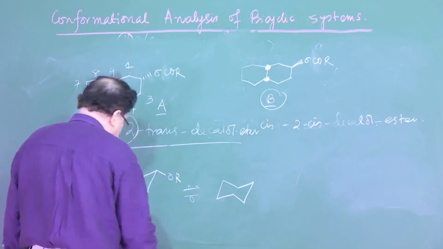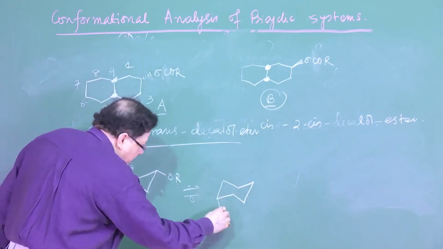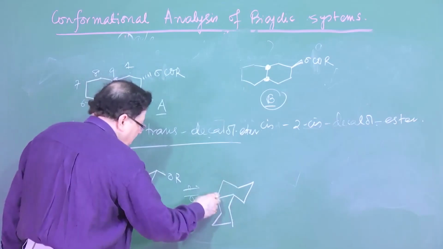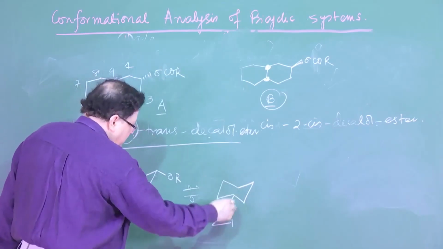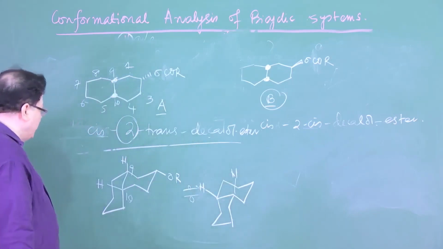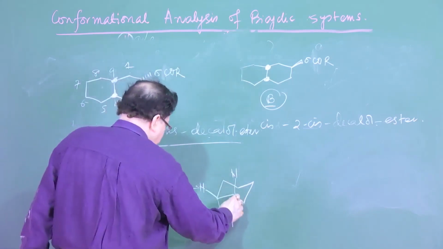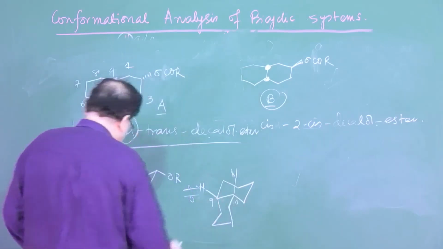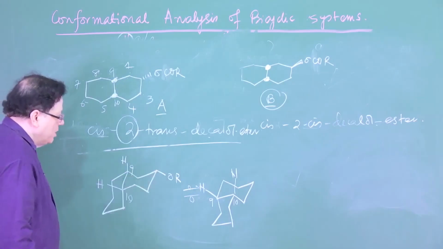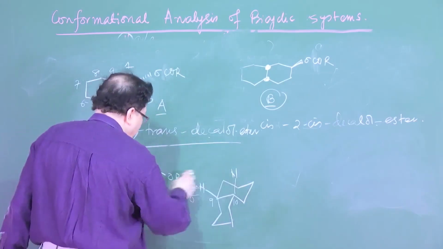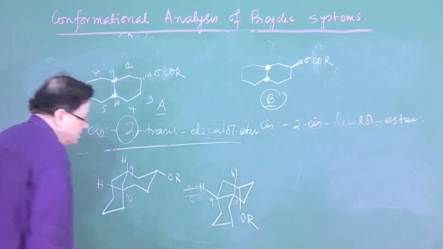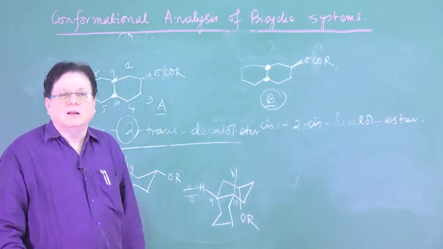So, then you draw this like this, okay. This is the flip form. So, this is your hydrogen, this is your hydrogen. Where is your wedge now? See, you have to be careful. This is 10, this is 9. So, 9, then 1 carbon, and then the OR. Okay. OR was alpha. So, this will be OR. I think that is clear.